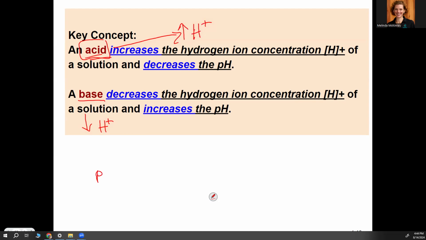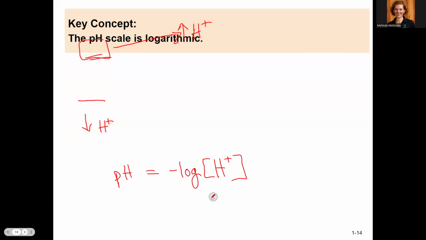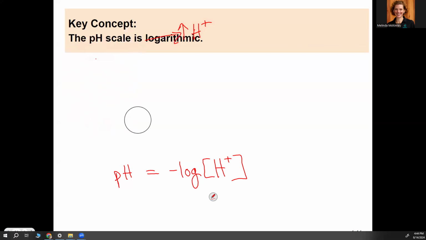And pH is actually a measure of acidity, or the math function is the negative logarithmic function of the concentration of hydrogen ions. All right. So the pH scale is logarithmic.